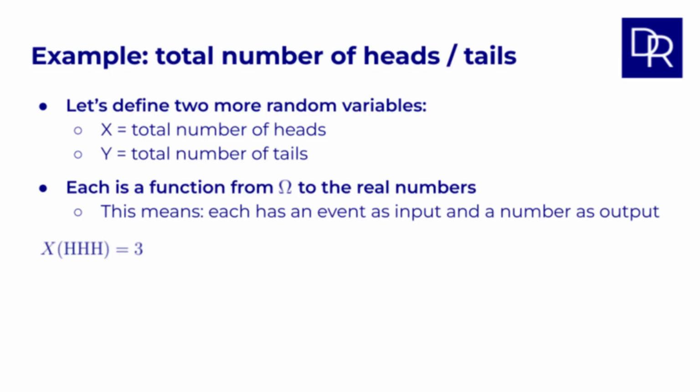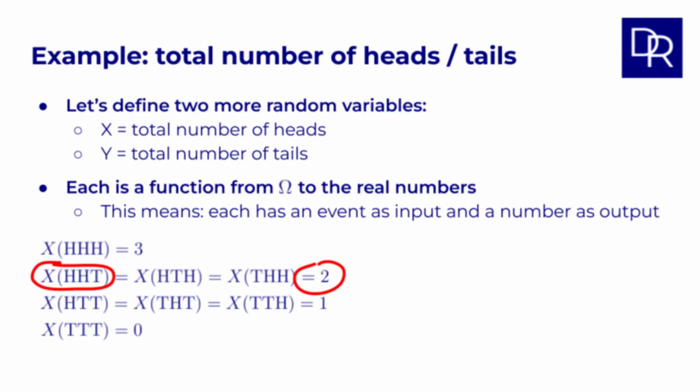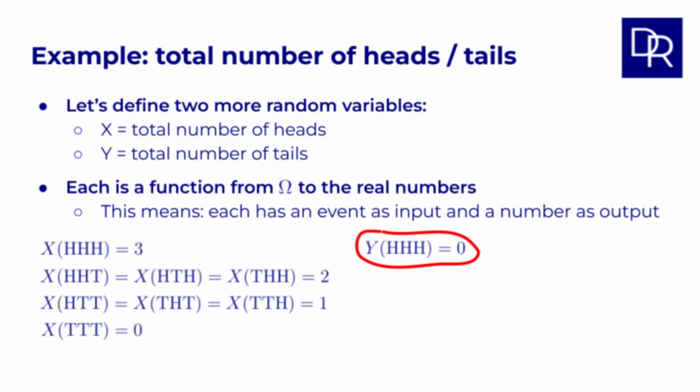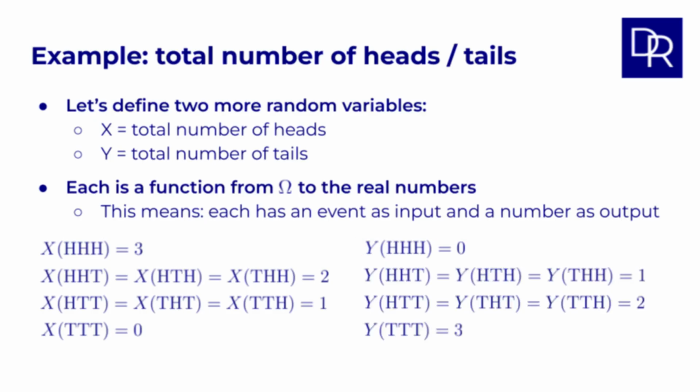So for the outcome HHH, the random variable function returns 3. Similarly, for HHT, it returns 2, as this outcome has 2 heads, and so on. Then for Y, which is the number of tails, HHH has no tails, so it returns 0. And similarly for the other outcomes.